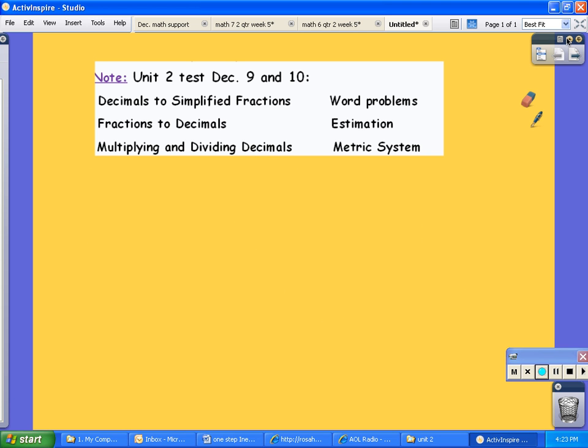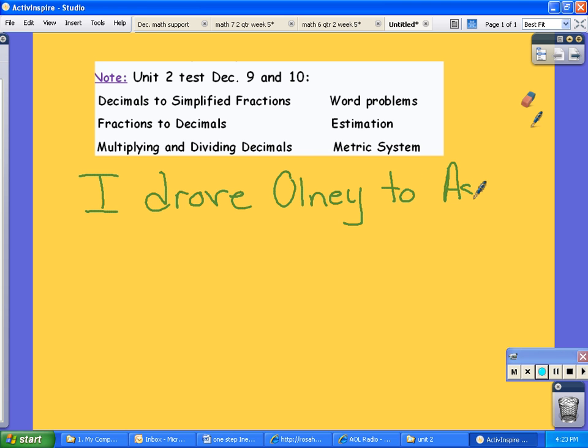Okay. Students may also see questions like, let's see, I drove from Olney to, I don't know, Aspen Hill, and because there was so much traffic, it took me 125 minutes.